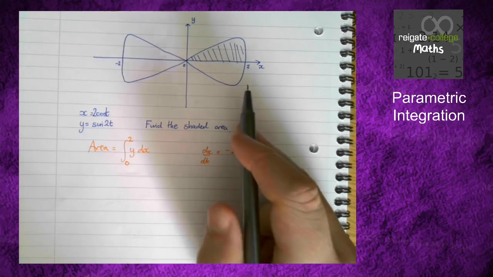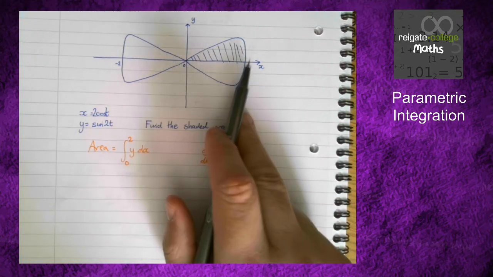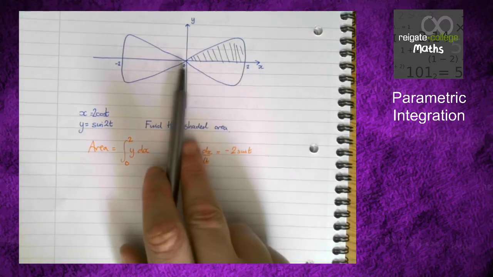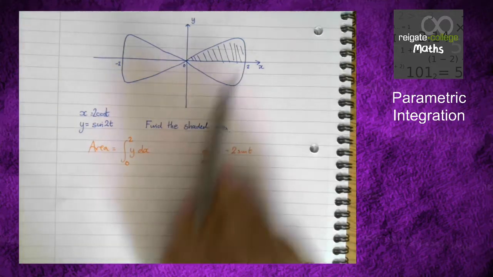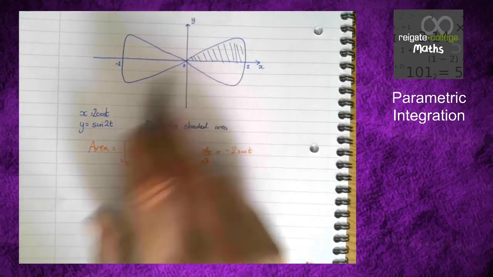So we're going to set x equals 0, x equals 2. The other way we could do it is set y equal to 0, and then check that those values work in our equation, which, thinking about it, might actually be an easier way to do it, because we can see this is where they cross the x-axis, so y is 0.